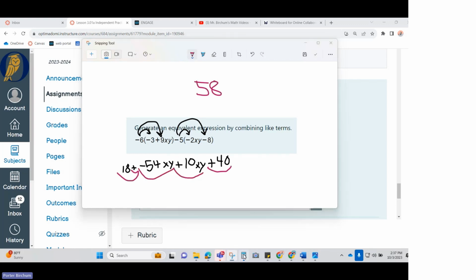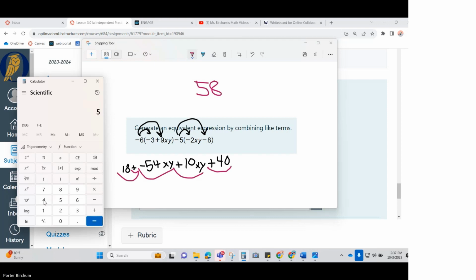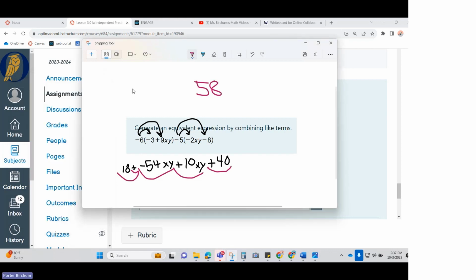We'll type that in our calculator. -54 plus 10 is -44 xy and a +58. Wrote that in a wacky order, but -44 xy plus 58.